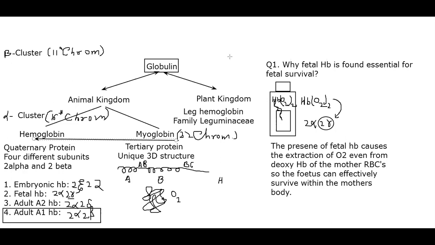So in this entire chart, it comes to your mind how the evolution of proteins has taken place. How a simple protein such as globin could lead to the evolution of alpha globin, beta globin, embryonic, fetal, adult hemoglobin, or myoglobin, as well as, in the case of plants, leghemoglobin.